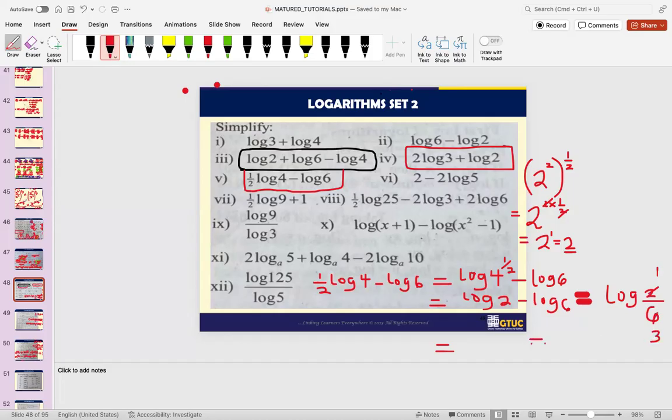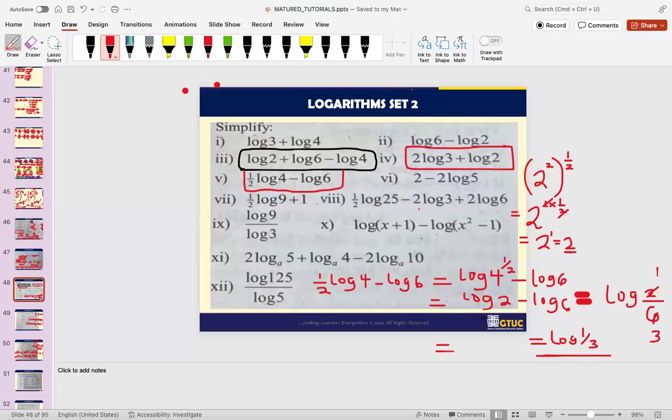So the final answer is log 1 over 3. This is the final answer for question number 5.